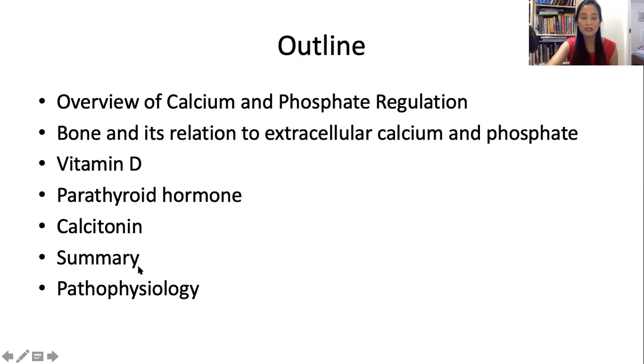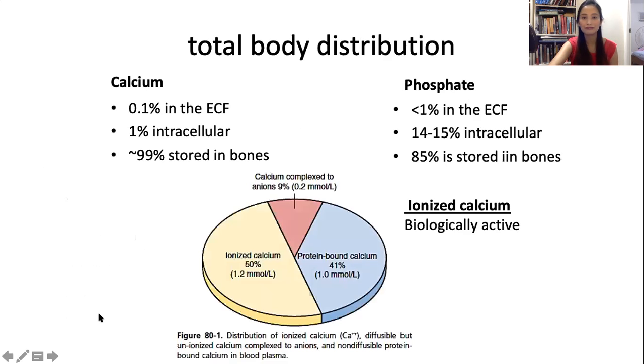And then we will proceed to discuss vitamin D, parathyroid hormone, calcitonin, and lastly, your calcitonin. And finally, I'll summarize everything for you. We'll also discuss some pathophysiologic states that might help you understand what happens if your physiology of calcium and phosphate and bone metabolism is deranged.